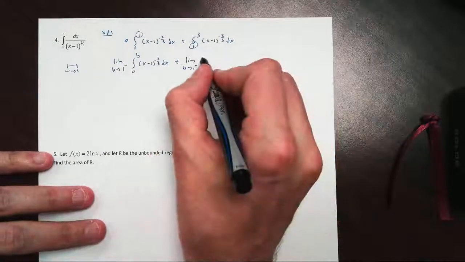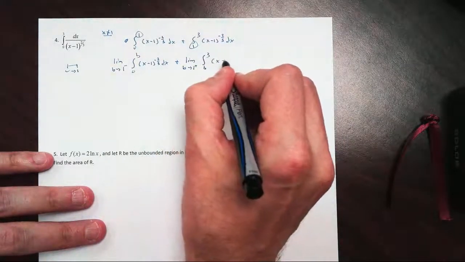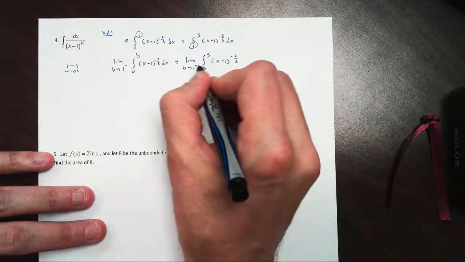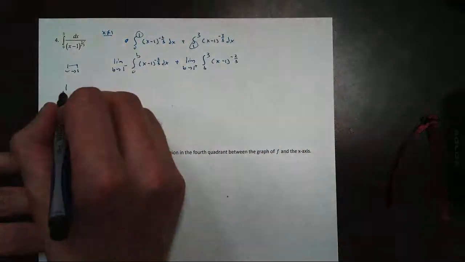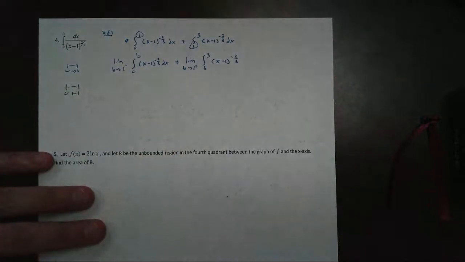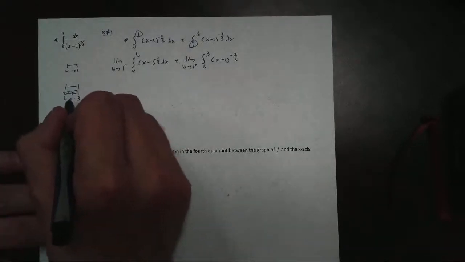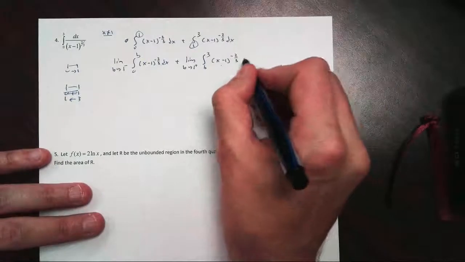You can call it whatever you want. B goes to 1 from the right, and it's going to go from b to 3, and again, x minus 1 to the negative 2/3. This time it's going to be from the right side, because we're approaching 1 from the right, in this case. Sorry, it was 1 to 3. There we go, from the right side, dx.